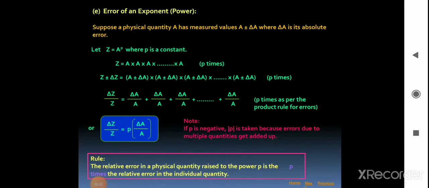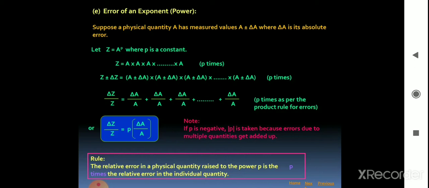Now the third rule, error of an exponent. Exponent in the sense of power. Suppose a physical quantity A has measured value A plus or minus delta A, where delta A is its absolute error. Now here, error in case of measured quantities raised to a power.